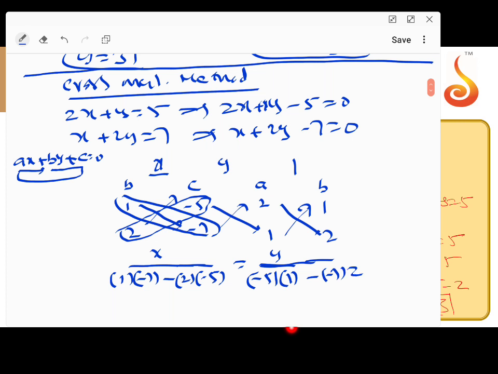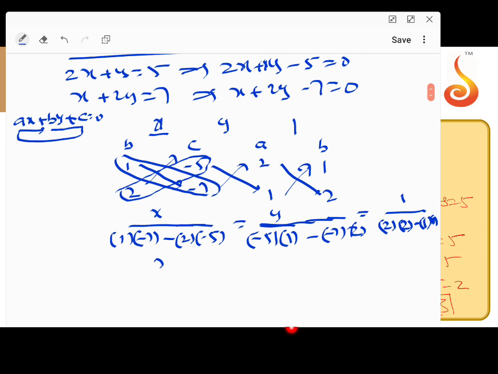Be careful about writing this one. So now last one, 1 divided by the same thing, 2 into 2 minus 1 into 1.